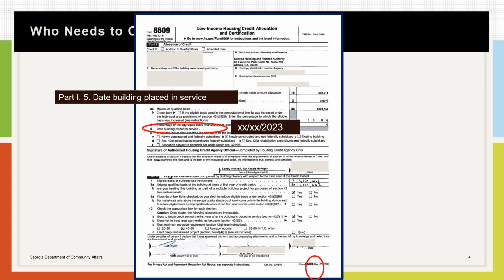If the owner did not elect to begin credits the same year the building placed in service, and the building placed in service in 2023, then you do not need to submit an AOC form for that project.